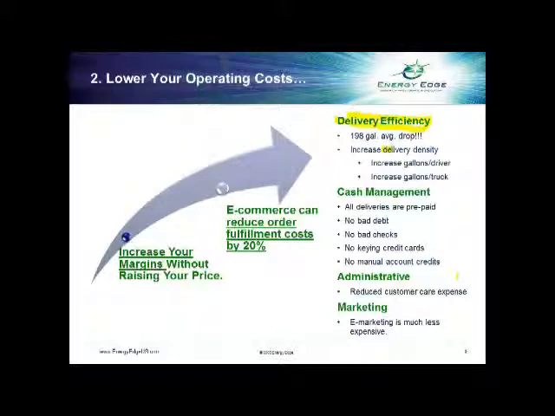So what those two translate to ultimately, as far as financially, is your cost to deliver a gallon of fuel goes down. As that delivery cost goes down, obviously your profitability goes up.